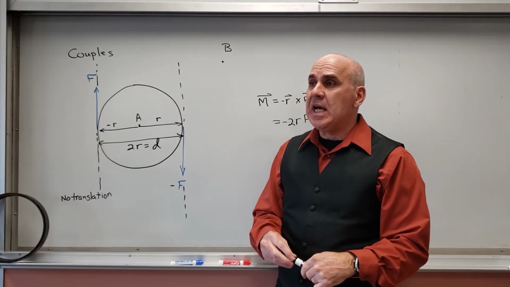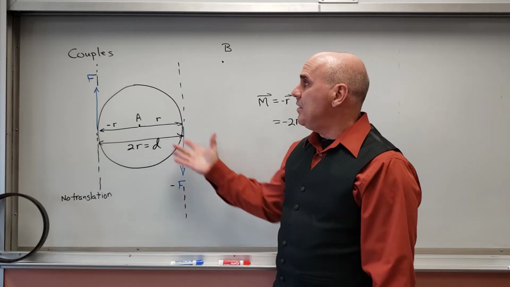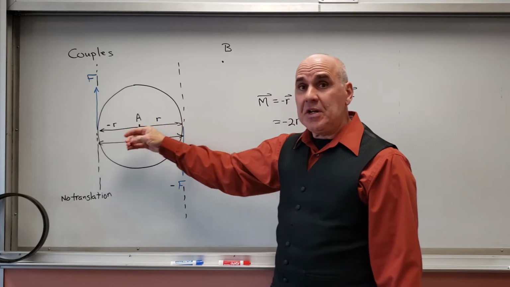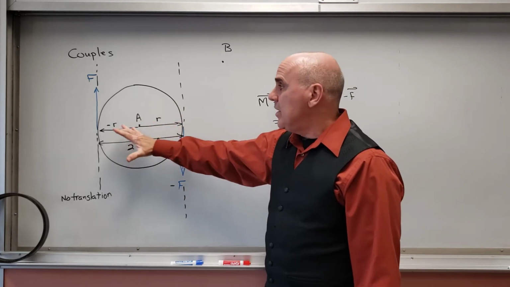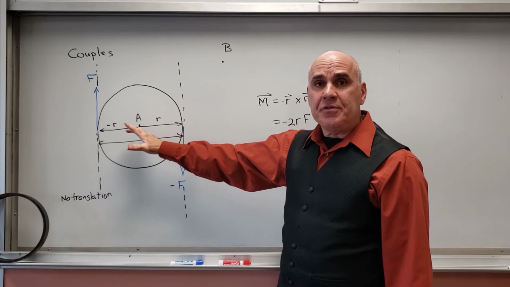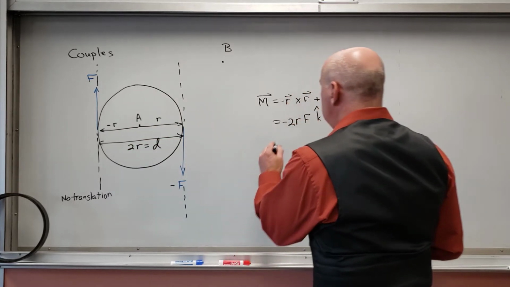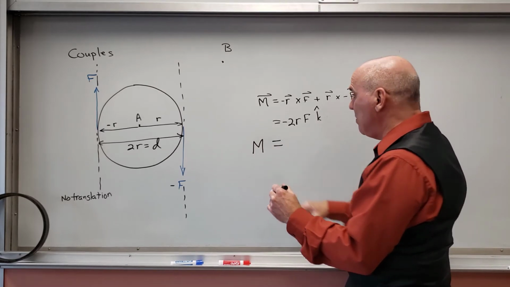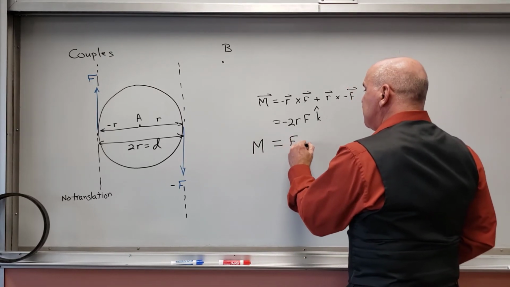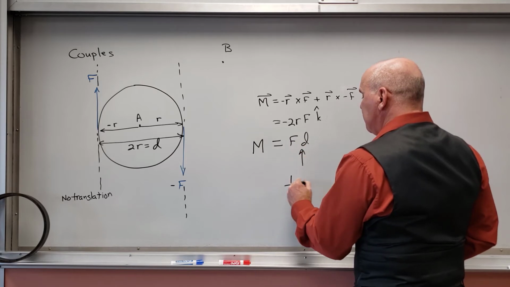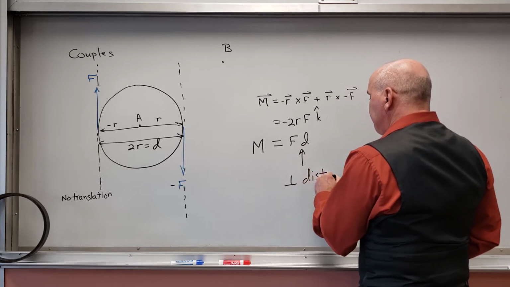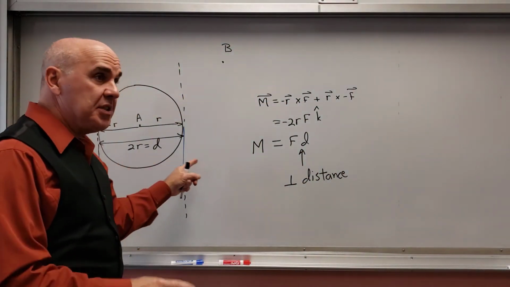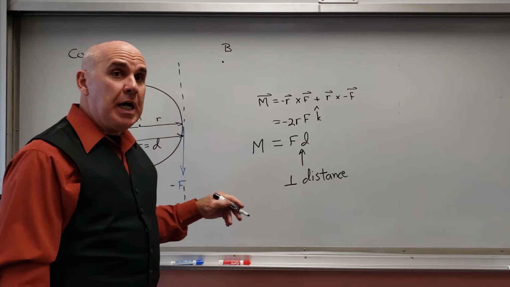We want to make sure that the lines of action are parallel, otherwise the forces won't cancel out to zero. They don't have to be perpendicular necessarily, in this case they are, but they just have to be parallel on two different lines of action. And so the distance d between them, let me just put, the magnitude of the moment is going to be f times d. And this is the perpendicular distance between the lines of action, all right, between parallel lines, okay?